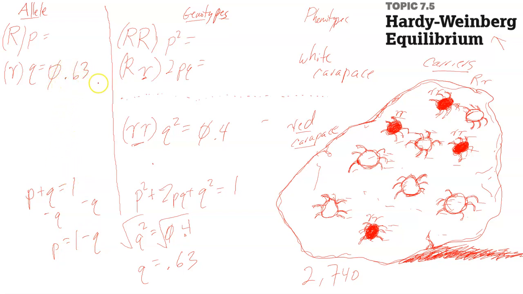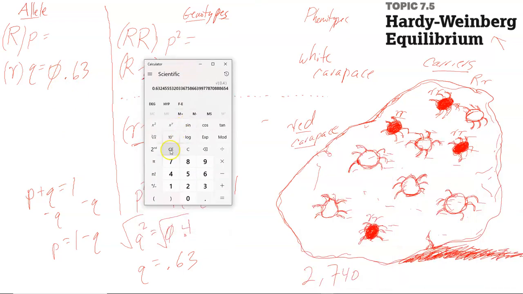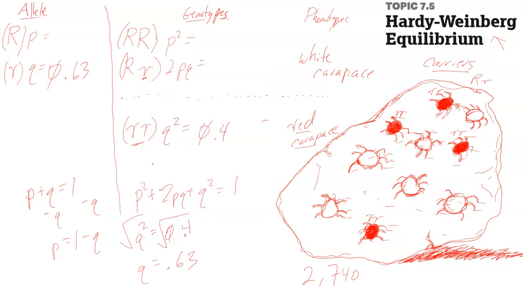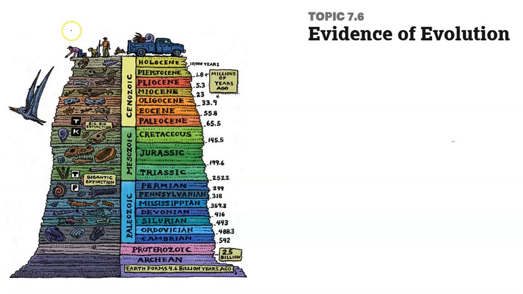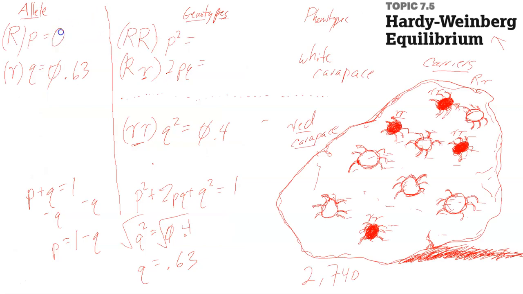Let me pull the calculator over here again. 1 minus 0.63 is going to give you 0.37. Okay, so p is going to equal 0.37.